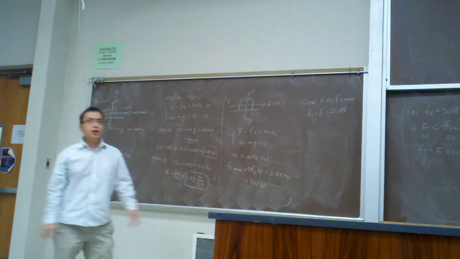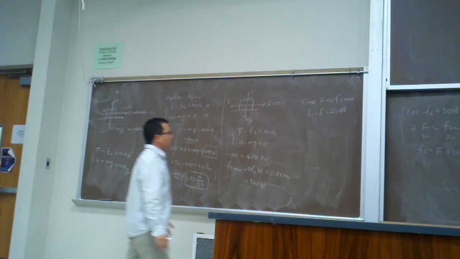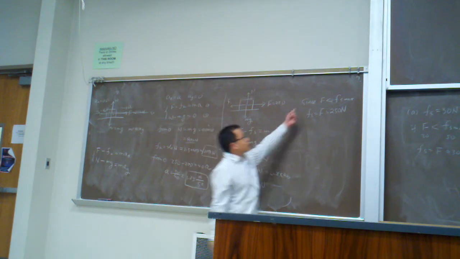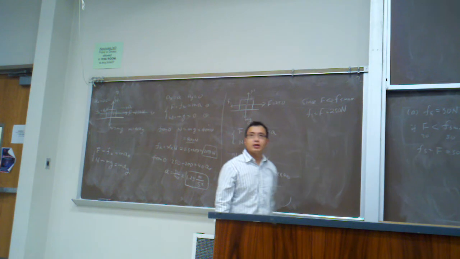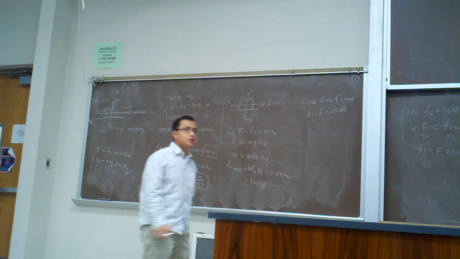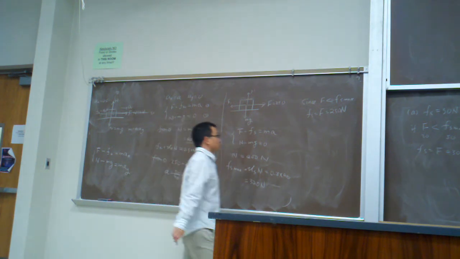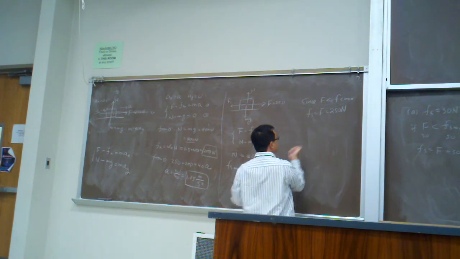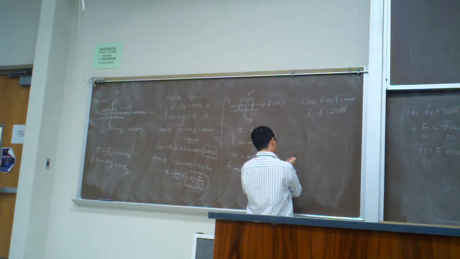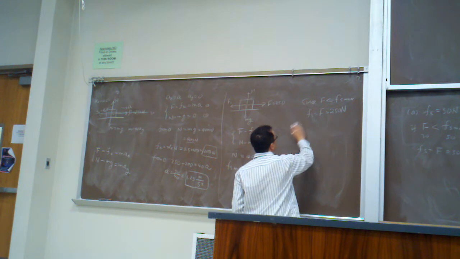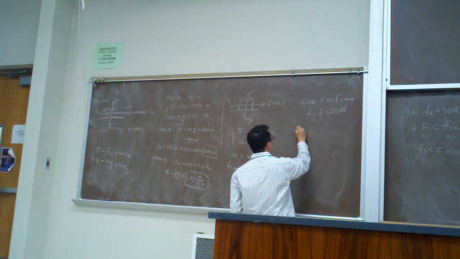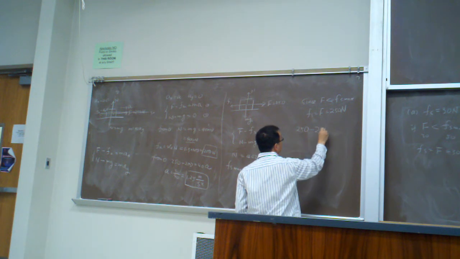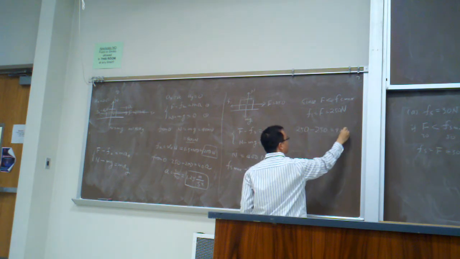So basically, the only thing you need to do before you calculate the acceleration is make a judgment like this. You just need to compare the external force and the maximum static frictional force. And then the acceleration can be calculated from equation 1, where 250 minus 250 equals 40 multiplied by a.